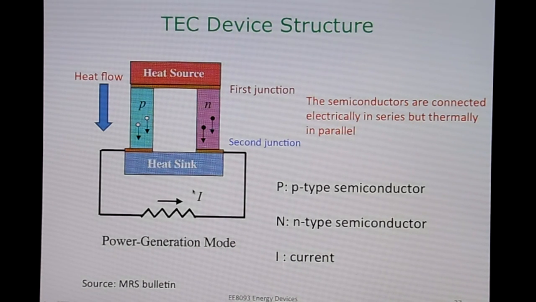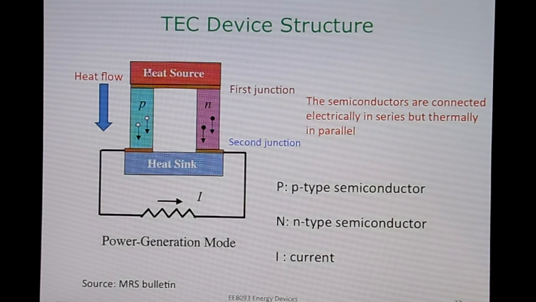So in this schematic diagram, the two semiconductors are in fact connected electrically in series, because as you can see, this is a piece of metal forming two contacts with the p-type and n-type semiconductor, and here is another metal contact connecting the p-type and n-type semiconductor to the heatsink.